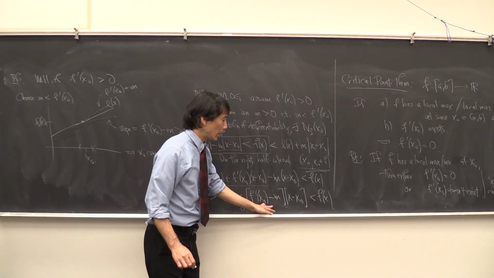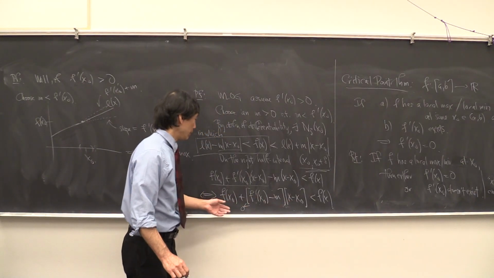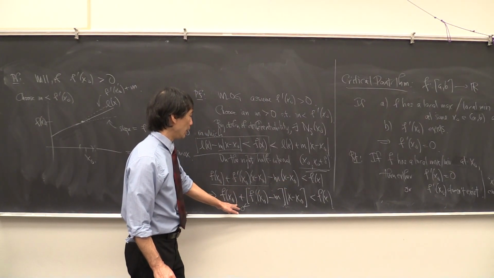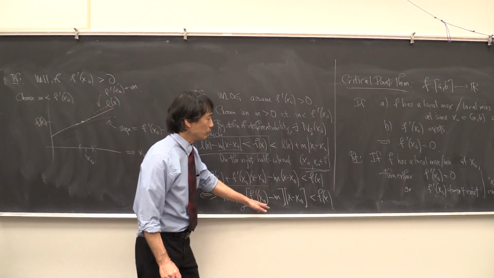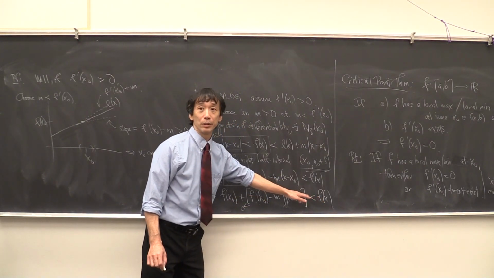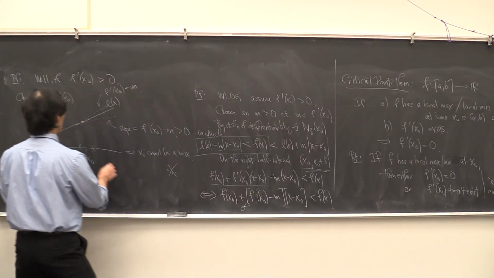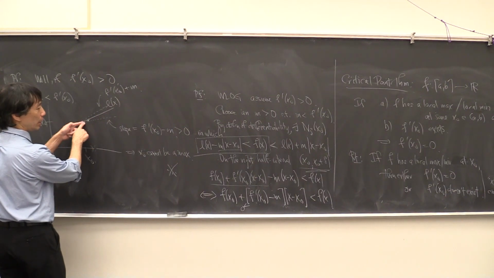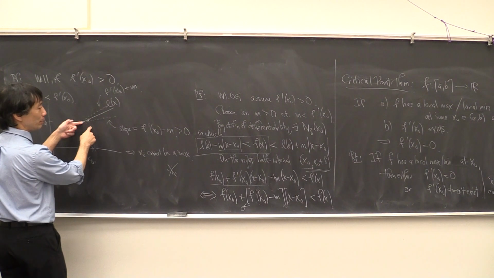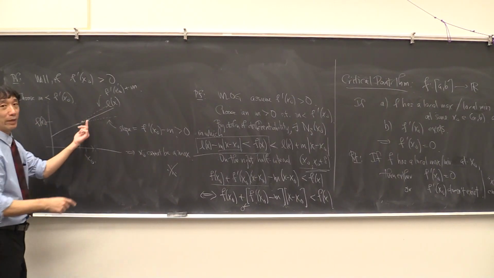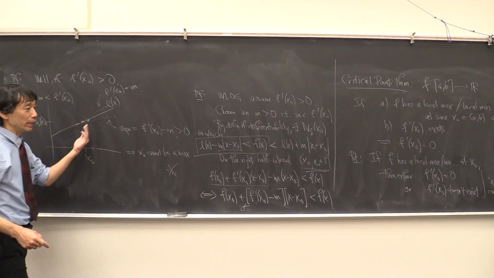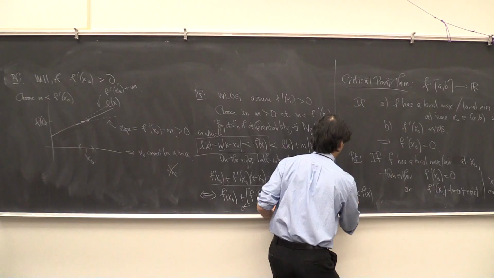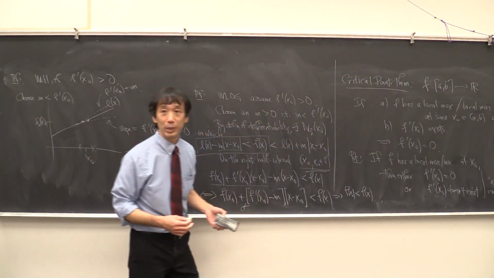So we get this positive number times this positive number. So f of x naught plus some positive number is still smaller than f of x, for any point on the right side here. So f of x is bigger than f of x naught. So f of x naught could not have been the max.